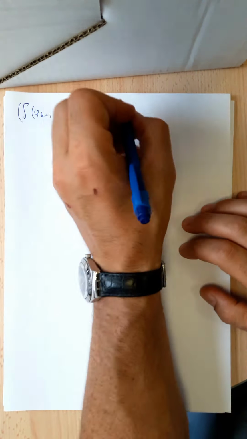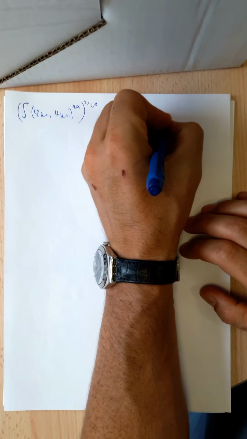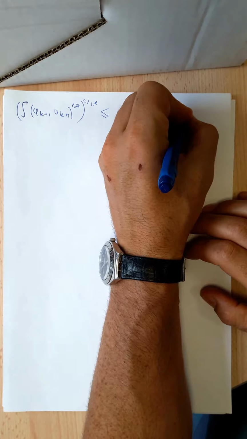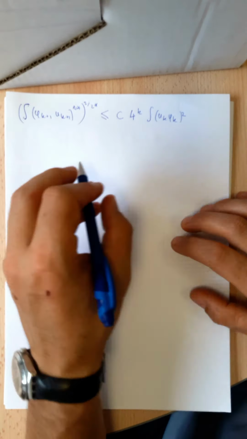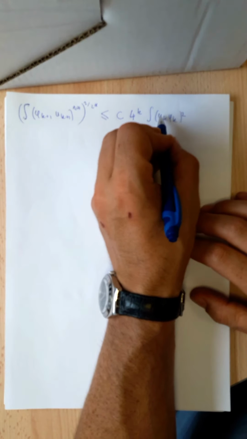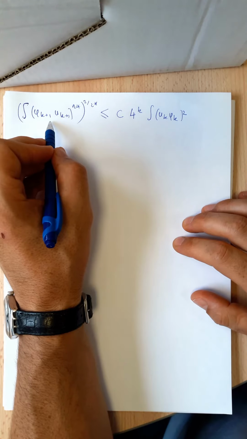And this we have seen just before was bounded by 4 to the k, the integral of u k phi k squared. All right, now we're close to the point. We're going to look at the L2 norm of u k phi k. Here we have an L2 star norm.